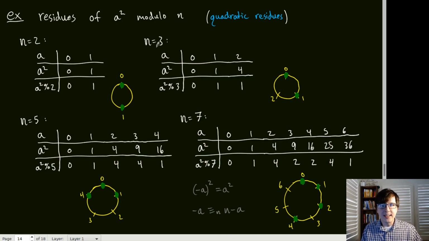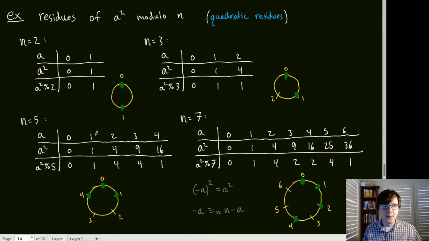N equals 3. So we've got 0, 1, and 2 being the 3 possible residues of a given number, modulo 3. And then we square them. So we get 0, 1, and 4. And then we take the remainder after division by 3, and we get 0, 1, and 1. So 2 is not a quadratic residue, and every other number is mod 3. Let's look at 5.